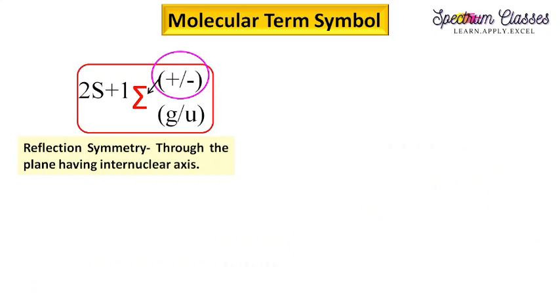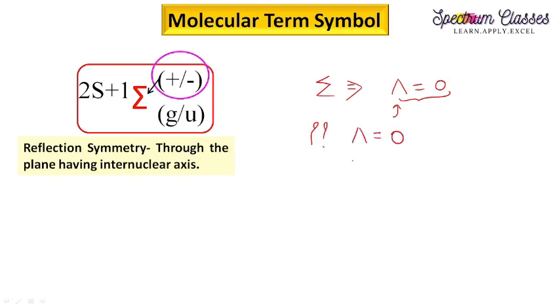First of all, before starting with reflection symmetry, I'll bring to your notice how this sigma term is formed. The sigma term is formed when the orbital angular momentum quantum number lambda is equal to 0, the orbital angular momentum being along the internuclear axis. You are all aware of this term. Now the question is how lambda is equal to 0.